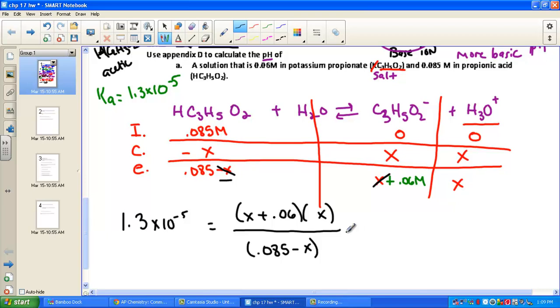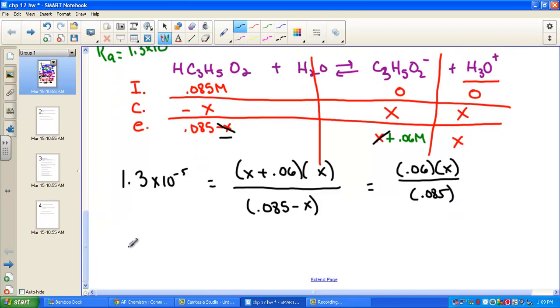What we're suggesting is that the value of x compared to these original concentrations is indeed negligible. So they're probably worth tossing out, and we would just get 0.06 times x set over 0.085, making the algebra a little bit easier. X, remembering, is what our target is. We'd like to know hydronium so we can find the pH of our solution.